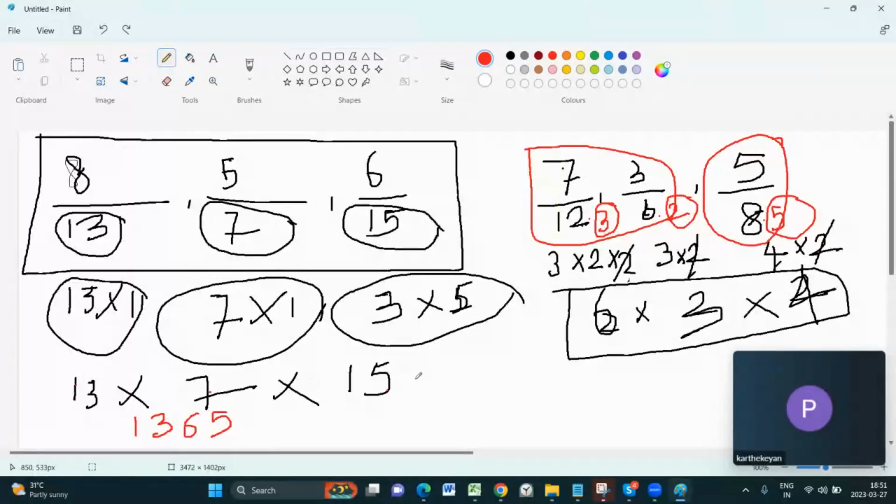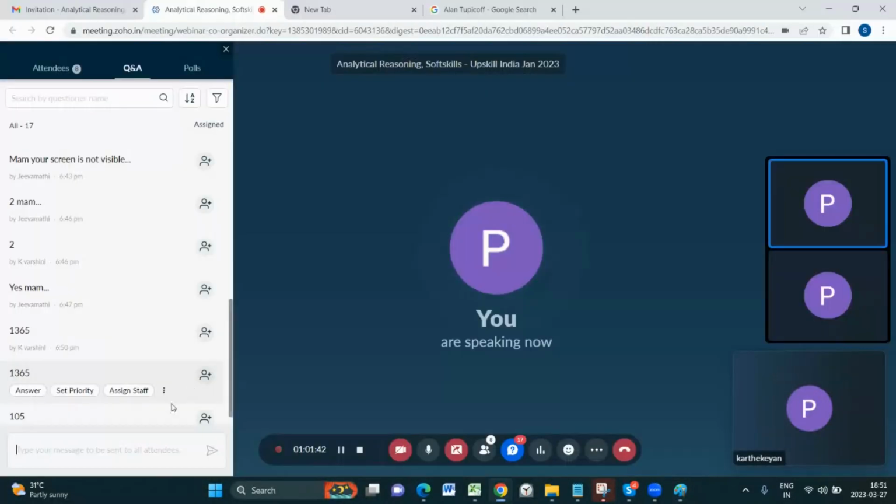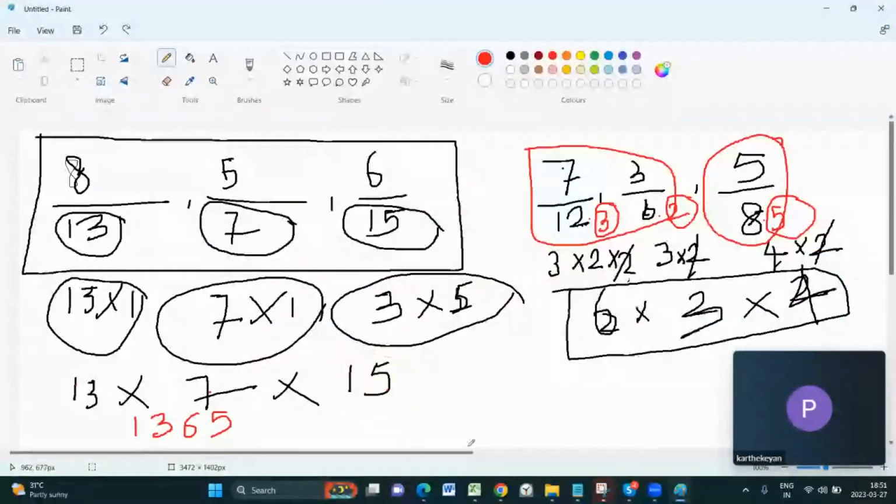If you divide it by 15, the value is 13 into 7. That's how you have to quickly calculate, because in an aptitude test you have to answer in a fraction of a second.